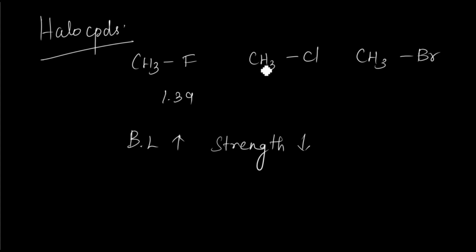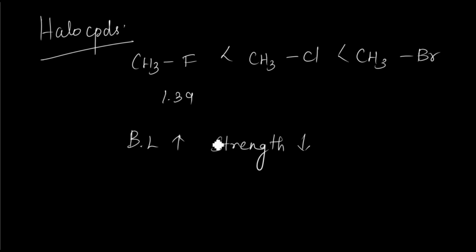Fluorine is more electronegative and so small, so it will be closer to carbon. Then comes CH3Cl, then CH3Br, finally CH3I.